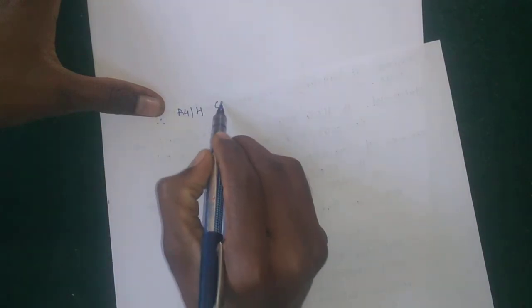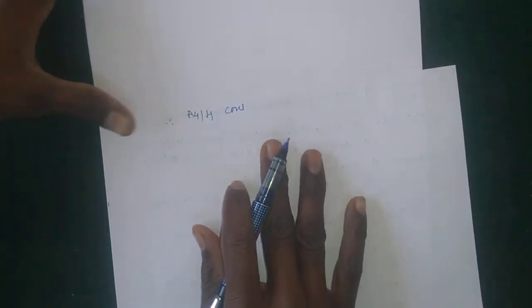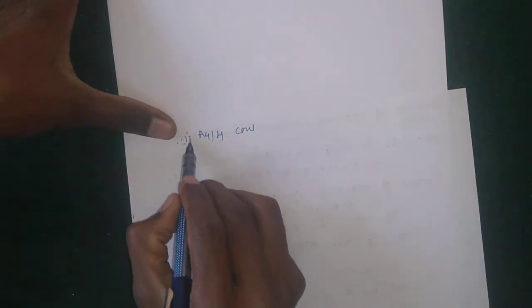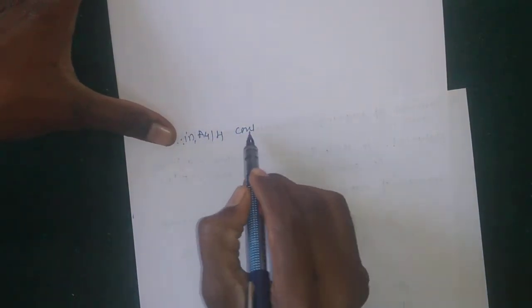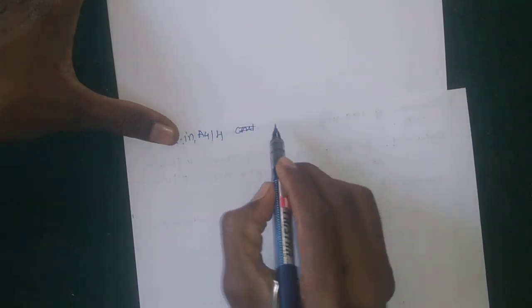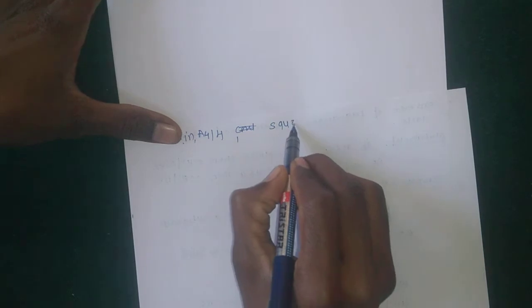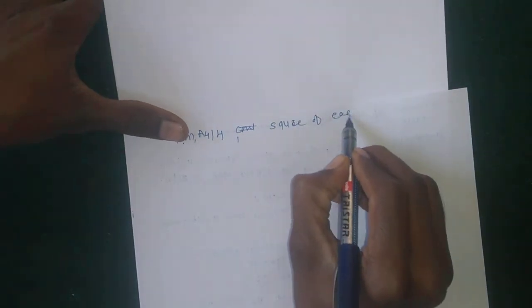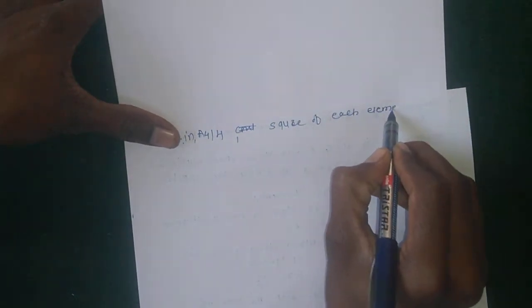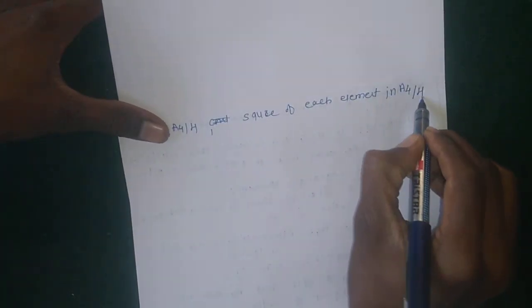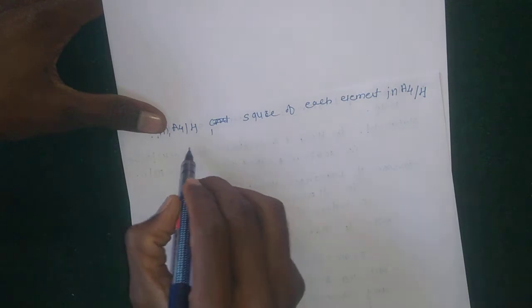A4 over H contains elements, or in the factor group A4 over H, the square of each element in A4 over H is the identity.